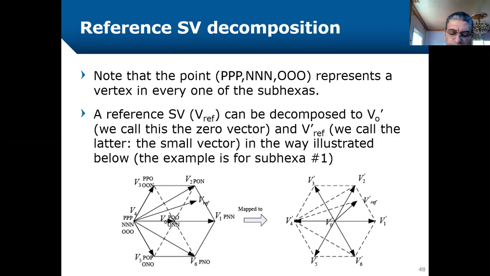So to decompose this voltage, we compose it in 2 components, this one and what we call the small one. The small one is connecting between the tip of the reference space vector and the center of the local center of the sub-hexagon. Okay.